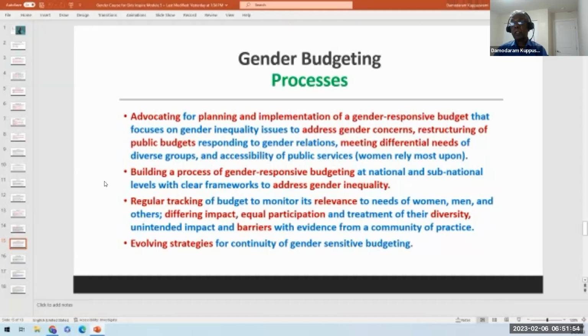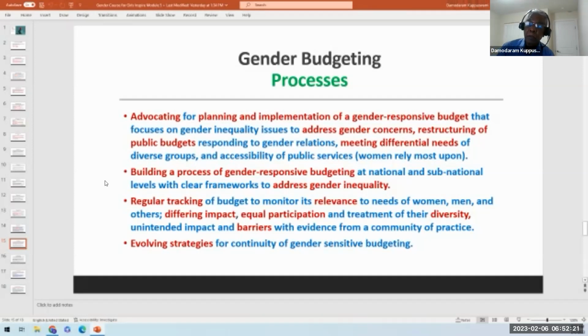There must be regular tracking of the budget to see whether budgeting is relevant to the needs of men, women, and others. What is the differing impact it has on different genders? How is the participation of people? How is it meeting diversity, and what barriers are there?